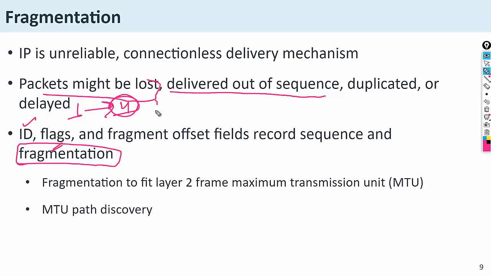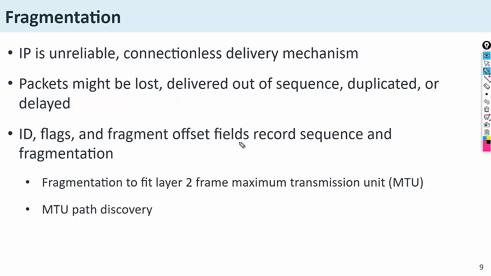So it will be like 1 1, 1 2, 1 3 or 1 4, this type of ID it will have, so it can be identified easily. By using the ID and flags, the fragmentation records the sequence, since the fragmentation sequence is required. So the ID is used for maintaining the sequence.